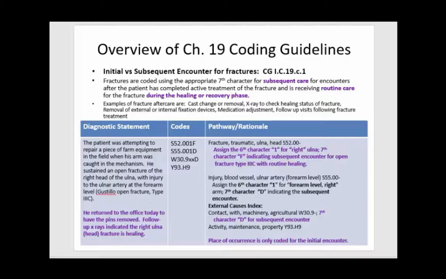In this case, that ulnar fracture, the Gustilo open fracture type 3C, when you go to the subsequent encounter for that same type 3C, with routine healing, you're now going to get a 7th character of an F as in Frank instead of the D. However, the ulnar artery code retains the D for subsequent encounter because there's no other option. Also for the W30 code, D subsequent encounter, there are no other options other than A, D, or S.